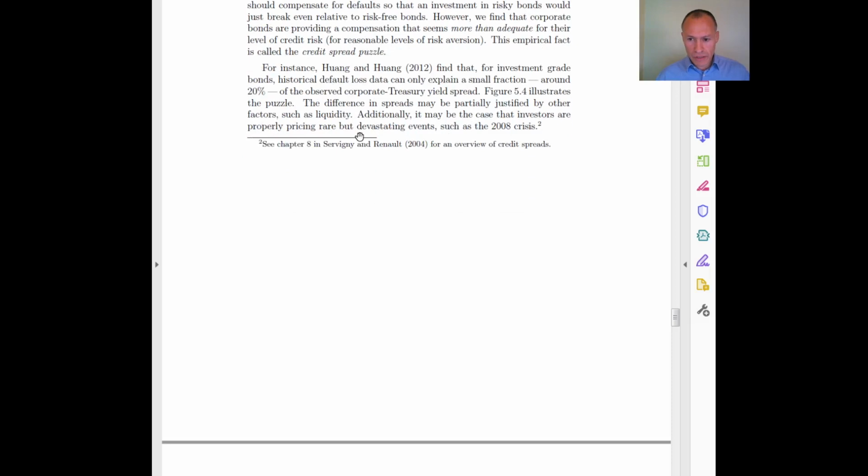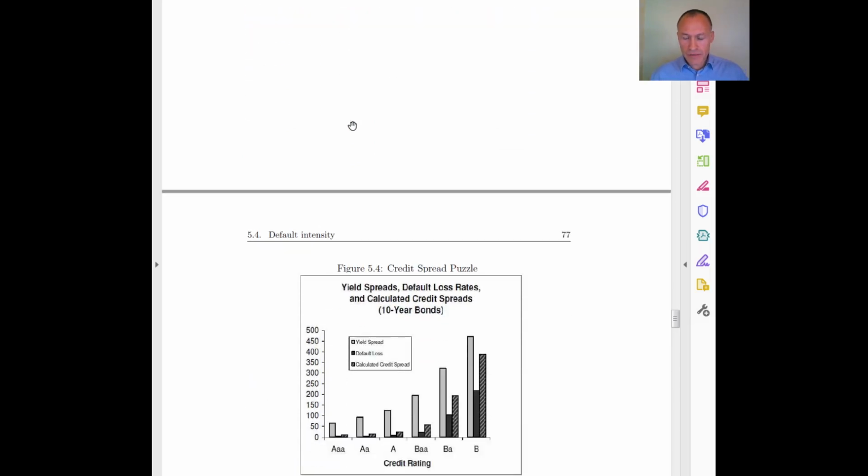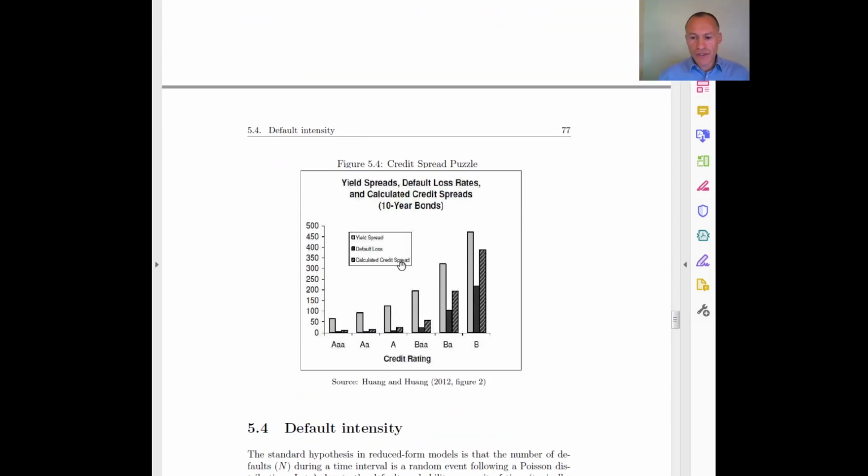There is a paper that does this comparison. What you see here in this figure is the following. For different rating categories, you have these bars. The left-hand bar, this gray one, shows the spread you observe in the market for AAA, AA, and so on.